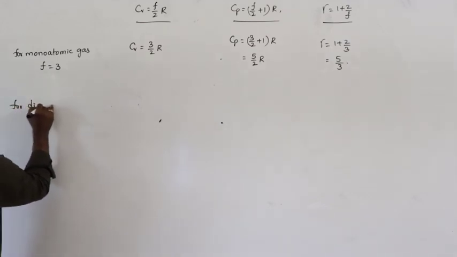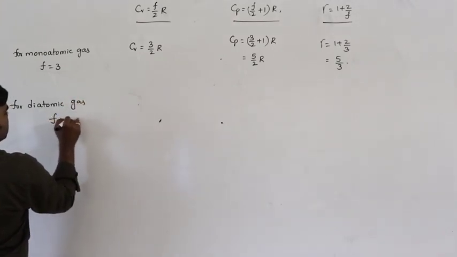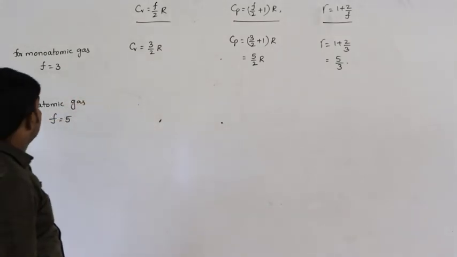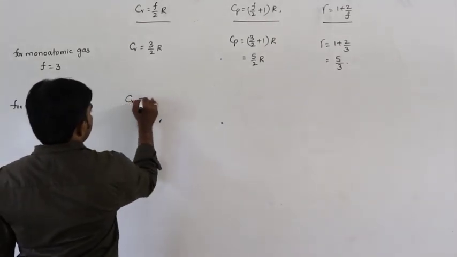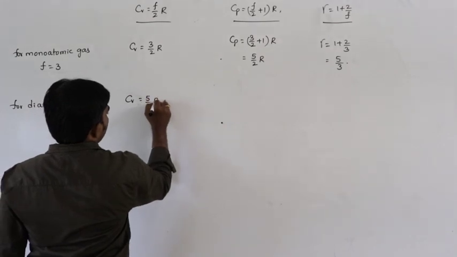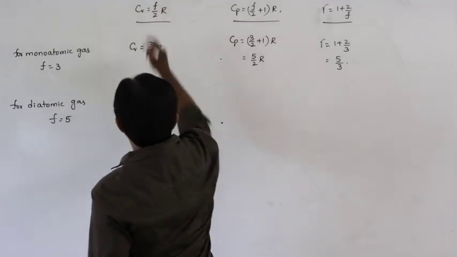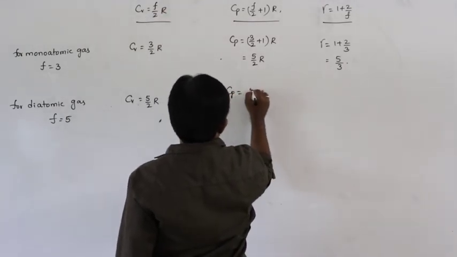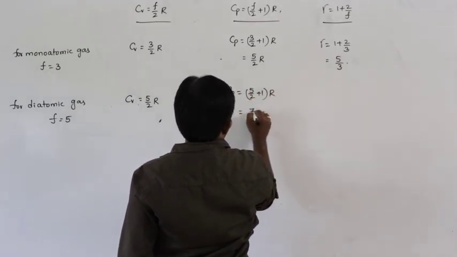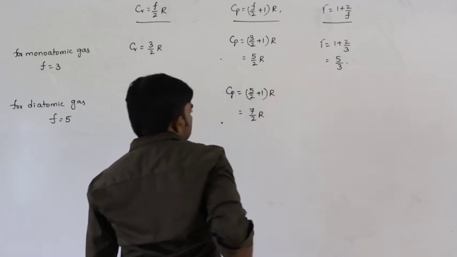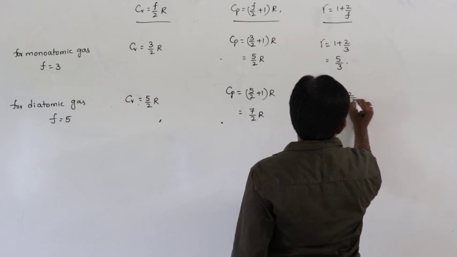Next, for diatomic gas, the number of degrees of freedom is 5. So, from this Cv can be written as 5 by 2 R, because simply substitute the value of F here. Then Cp is equal to (5 by 2 plus 1) into R. So, 5 by 2 plus 1, that is 7 by 2 R. Next, the value of gamma is equal to 1 plus 2 by 5.